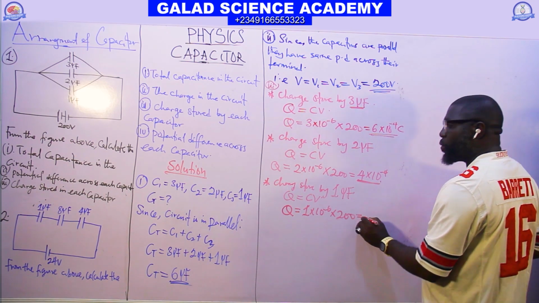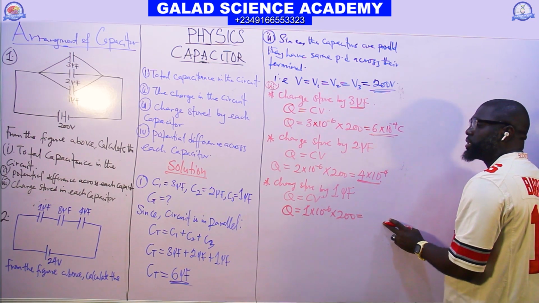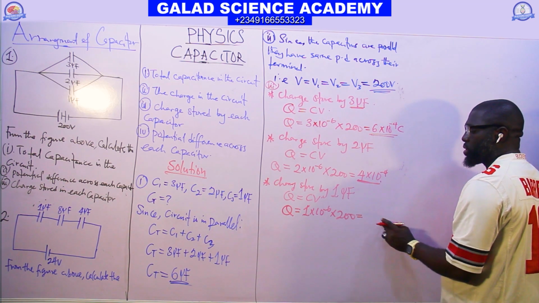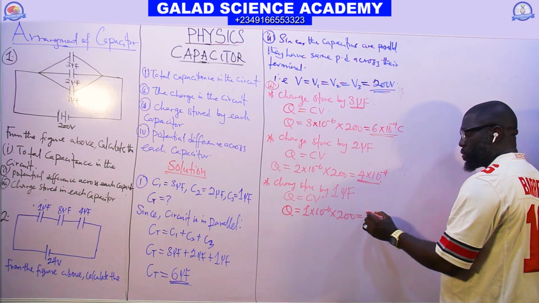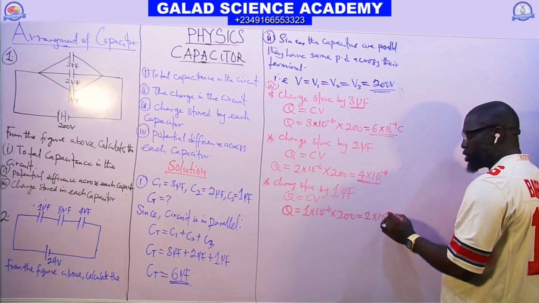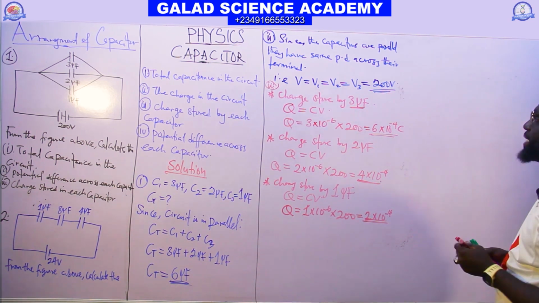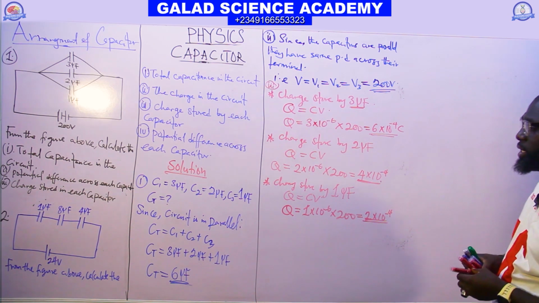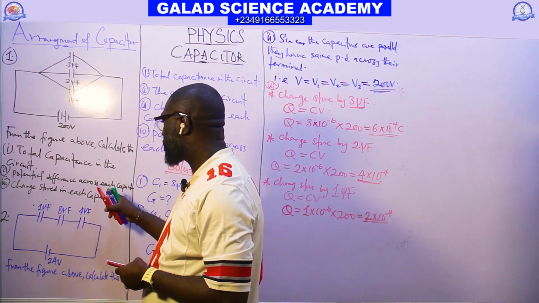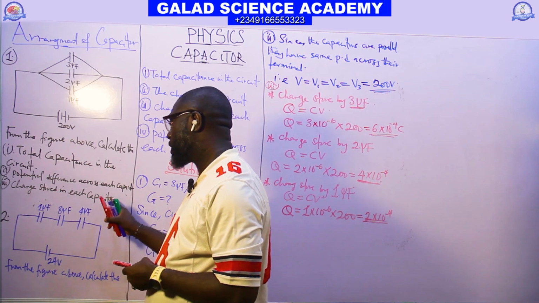At the end of the day, we have 1 times this, which gives us 2 multiplied by 10 raised to power minus 4. That is the charge stored in each capacitor.